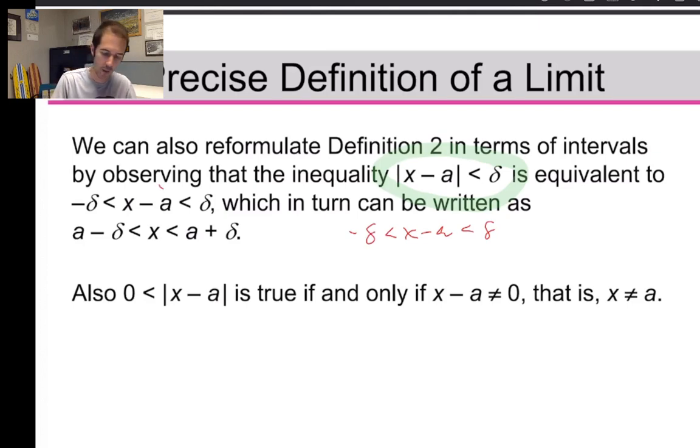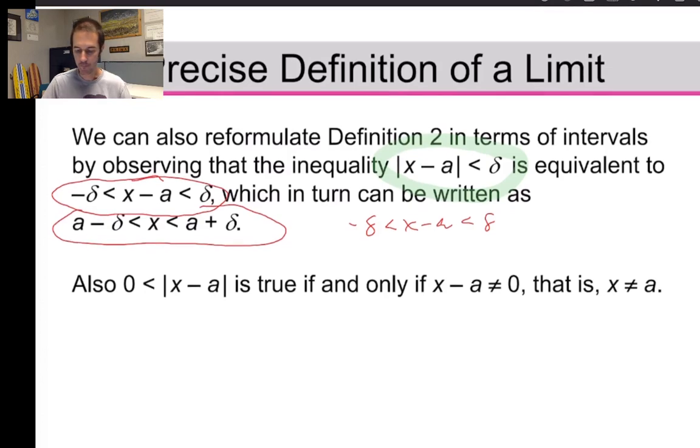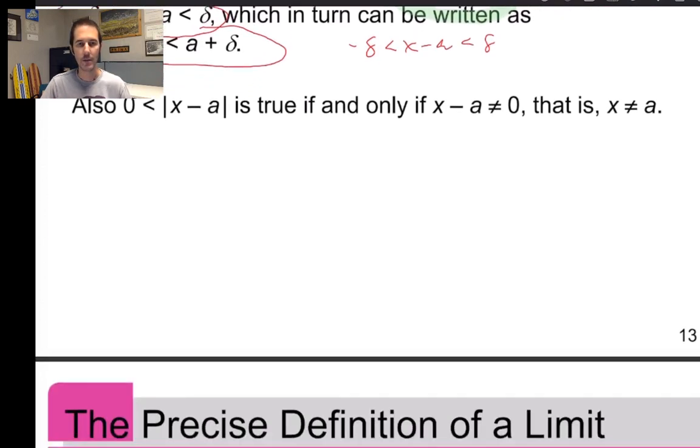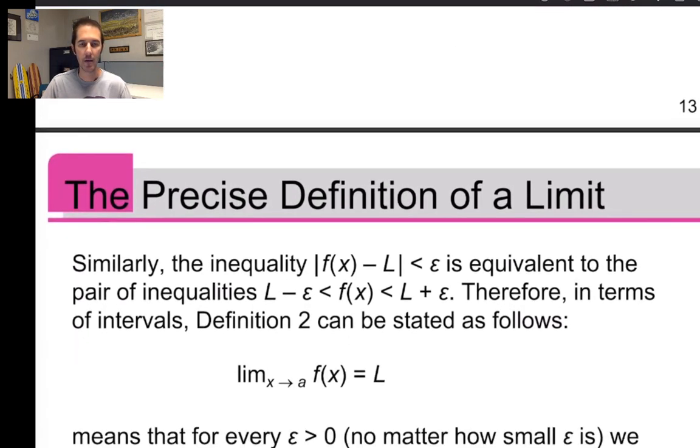So that's where this expression came from. And then if you added a to all three of those regions, as I like to call them, then you would get this second statement. So a bunch of different ways of phrasing the same thing.